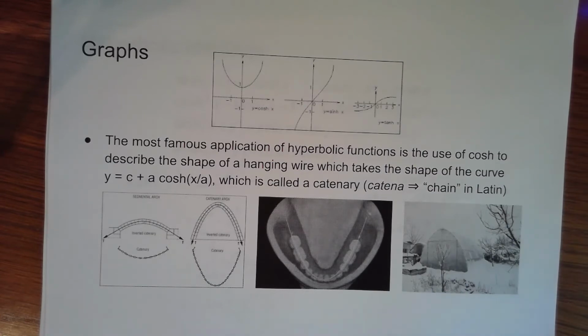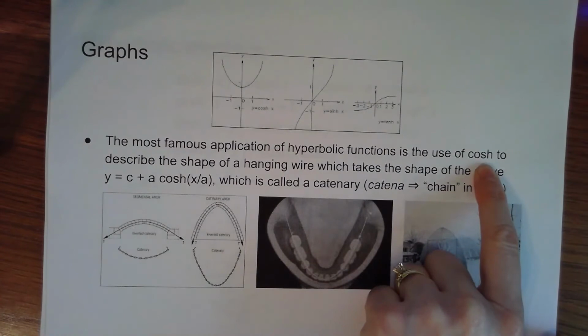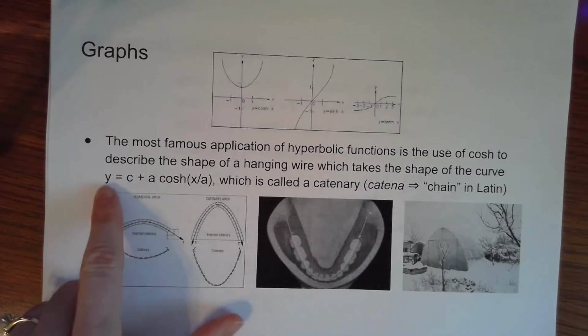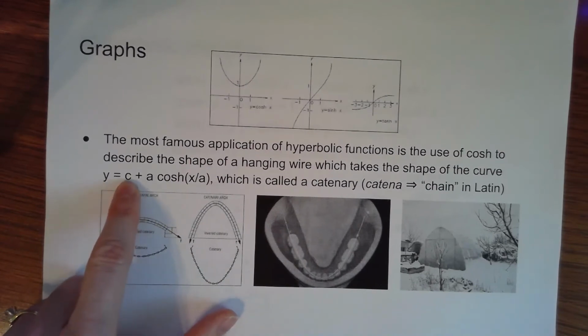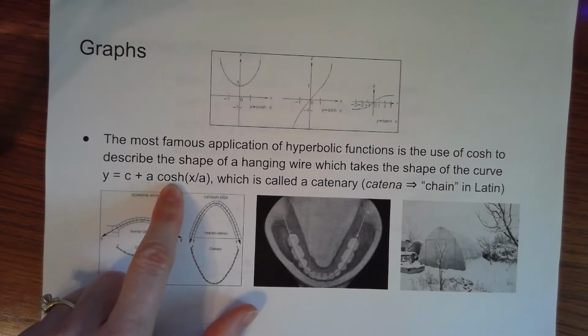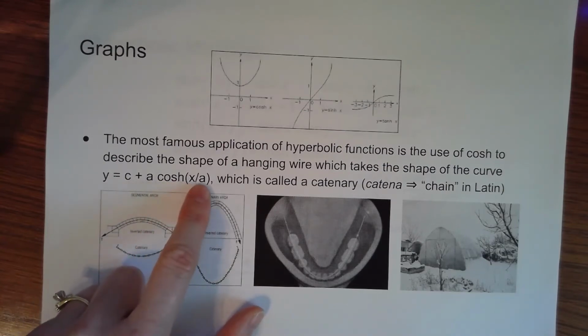Okay, so the most famous application of hyperbolic functions is the use of the hyperbolic cosine to describe the shape of a hanging wire. If you have two poles with a telephone wire or some kind of cable hanging between the two poles, then it will take the shape of a curve represented by some constant plus a constant multiple of the hyperbolic cosine of x divided by a.